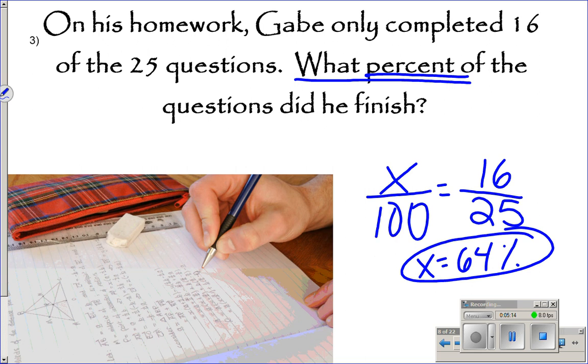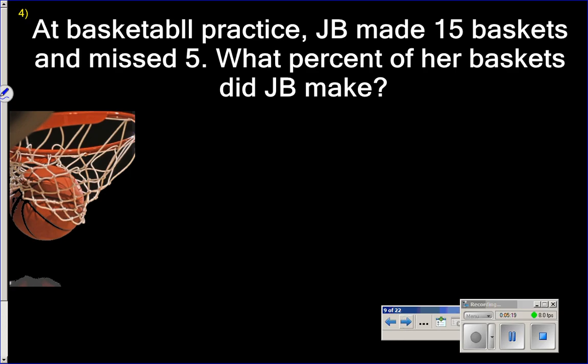All right, one more. At basketball practice, JB made 15 baskets and missed 5. What percent of her baskets did JB make? This one's a little trickier. It's talking about percents, so we're going to do a percent proportion. So we're trying to find the percent.